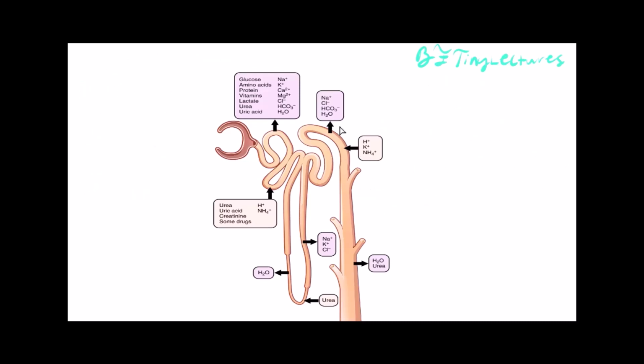As we go from the distal convoluted tubule to the collecting duct, normally we have some solute that just goes into the urine in a normal fashion. Inside the collecting duct are again the little channels that are sodium-potassium ATPases. Some of the sodium goes into the interstitial space, while some stays inside the collecting duct.